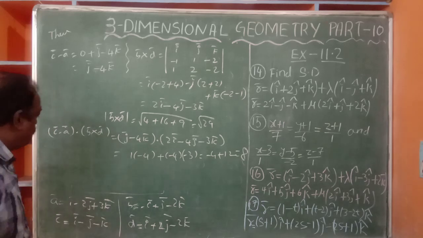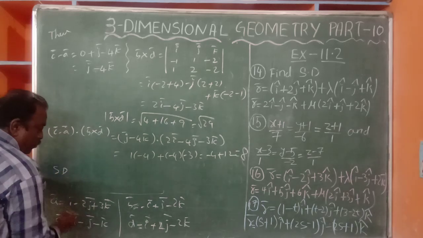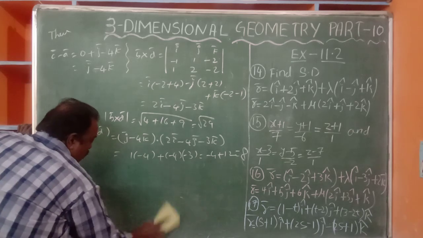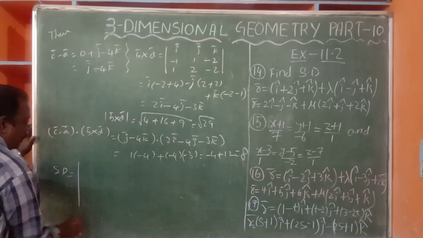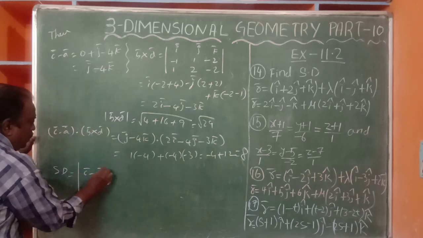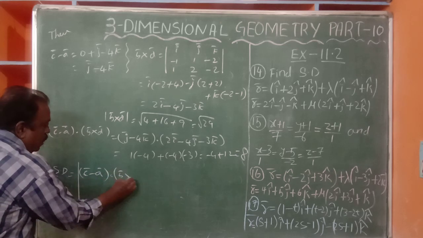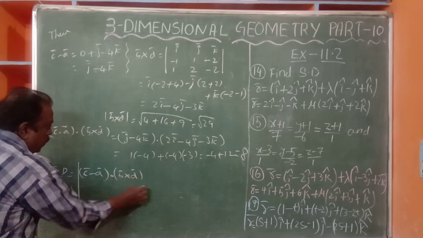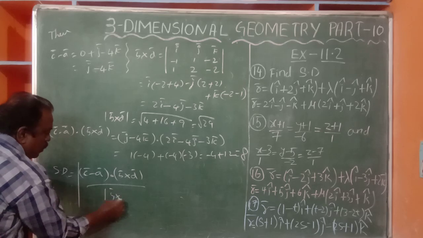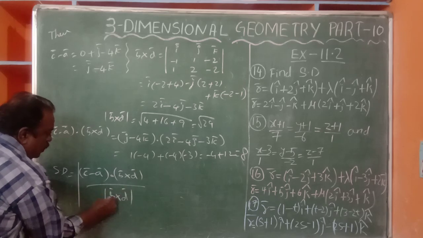Now the shortest distance: you have to mention the formula first. It is C bar minus A bar dot B bar cross D bar, divided by the modulus of B bar cross D bar.